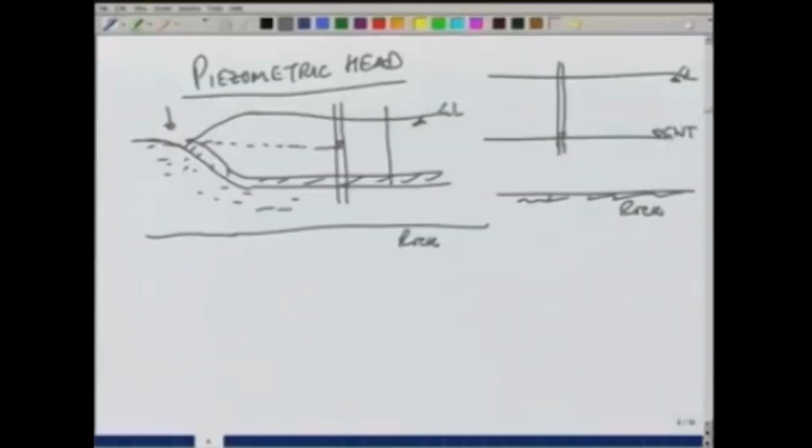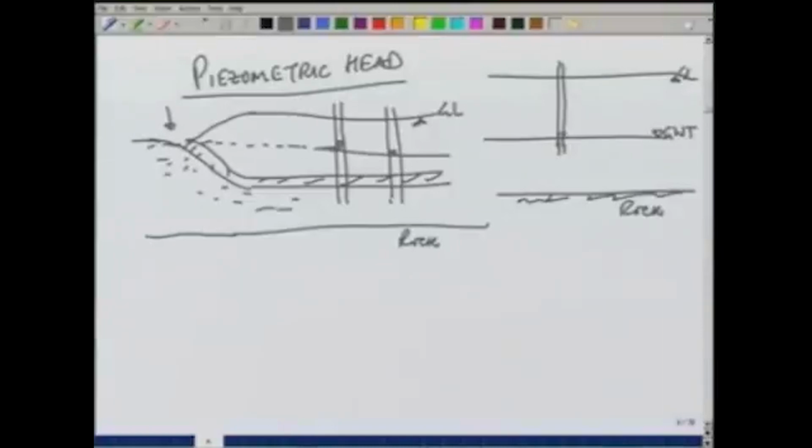So, this is known as the piezometric head, and it is the difference in the piezometric head which governs the flow of water. If there is no difference in the piezometric head, then there will be no movement of water. So, if we take another piezometer here, the water may rise up to this point. So, there will be a head difference which will cause the flow.